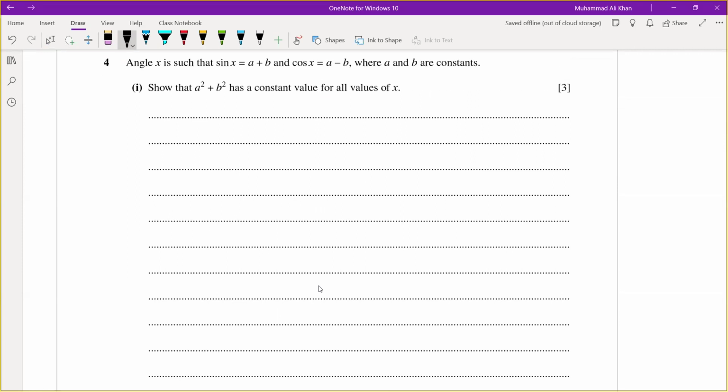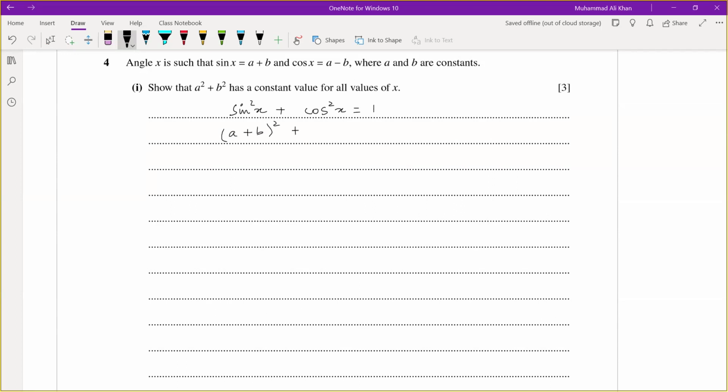Let's do it. We can see sin and cos above, and here we have to calculate a square plus b square. So if I use the identity sin square x plus cos square x equals to 1. So what is sin x? The value of sin x is a plus b.